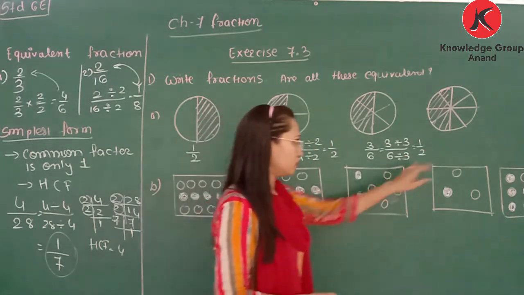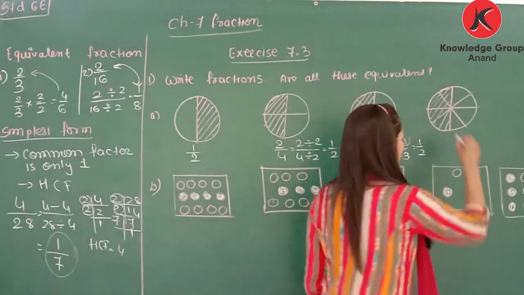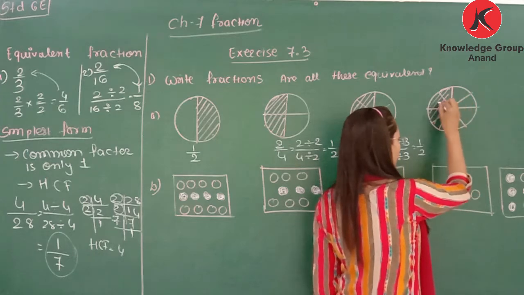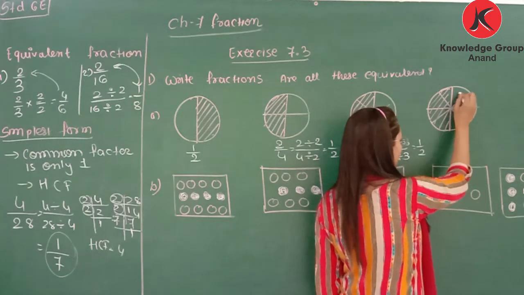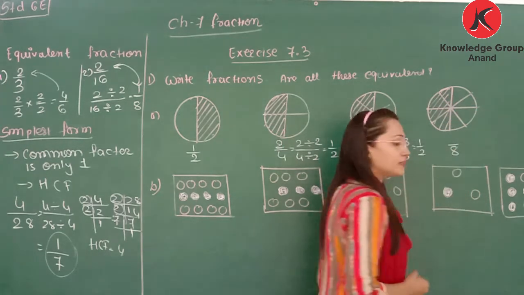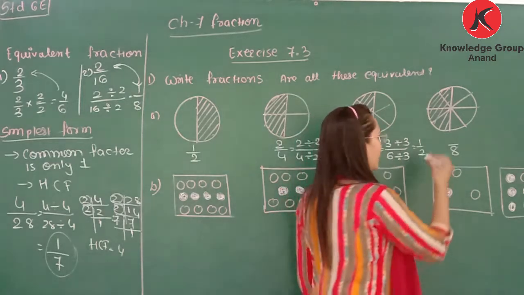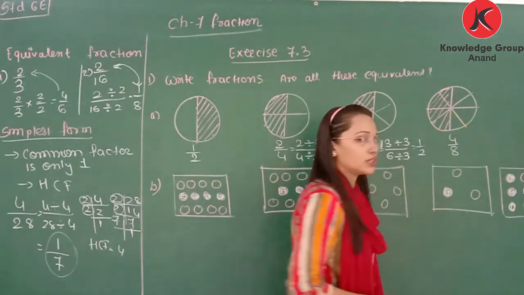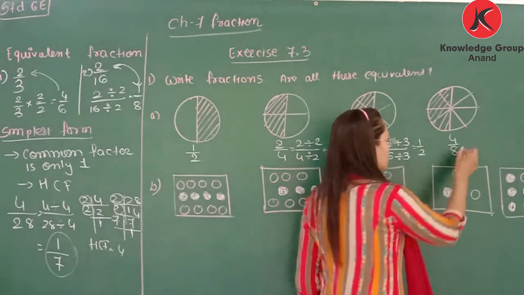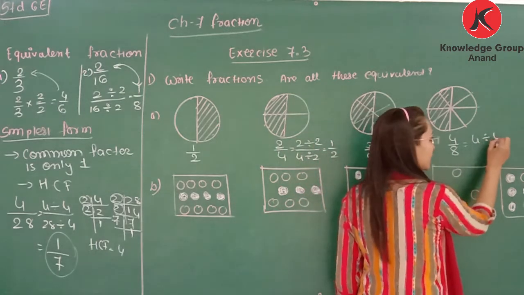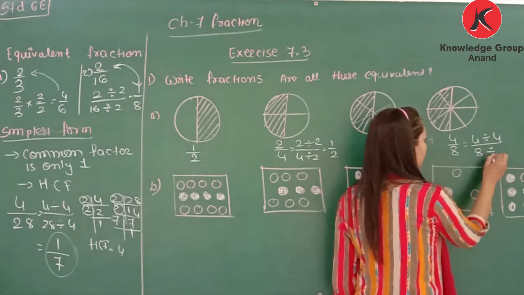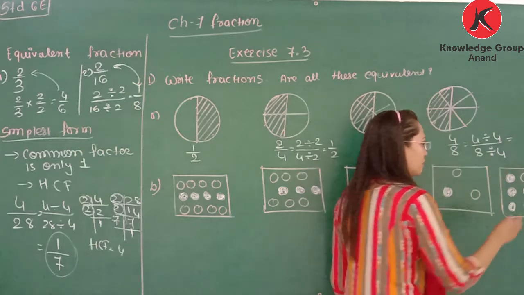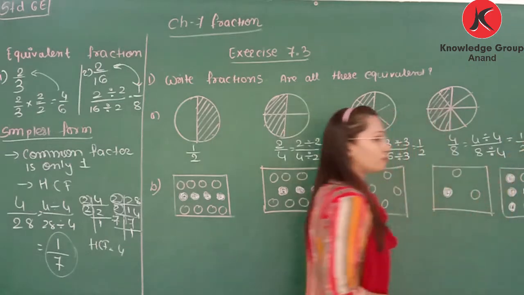Now for the fourth one, how many total parts? 1, 2, 3, 4, 5, 6, 7, 8. So it is represented by denominator 8. The numerator will be 4 because 4 parts are shaded. Now convert this into simplest form by dividing each by 4. If we divide, we will get 1 by 2.